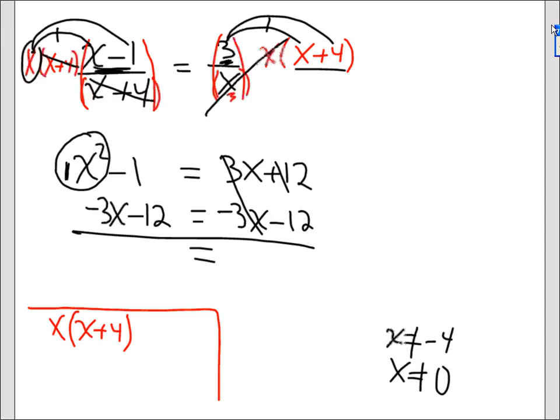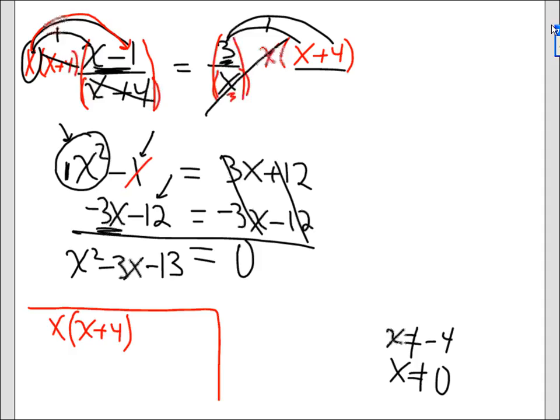On the right-hand side, it vanishes to 0. On the left side, I still have x squared. I still have to take away 3x, and I have to take away 1 and take away 12. That means I have to take away 13. And one slight mistake: x times negative 1 is negative x.